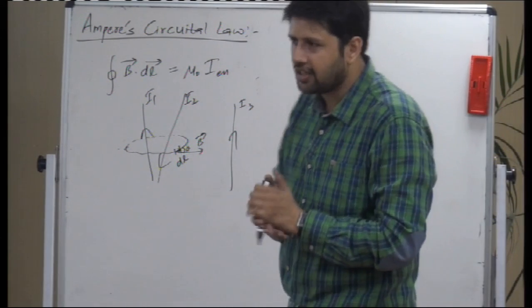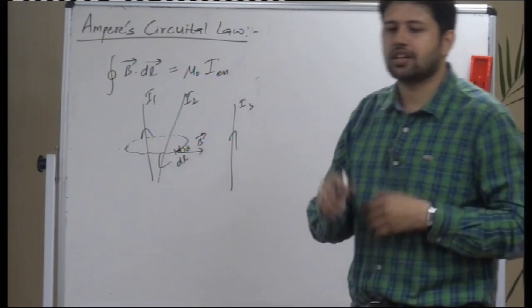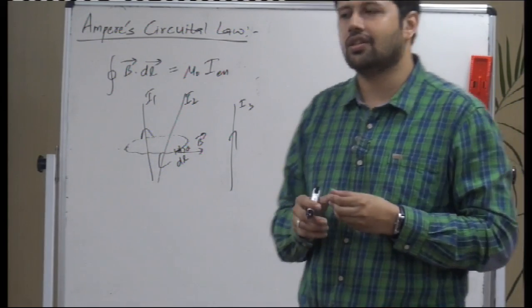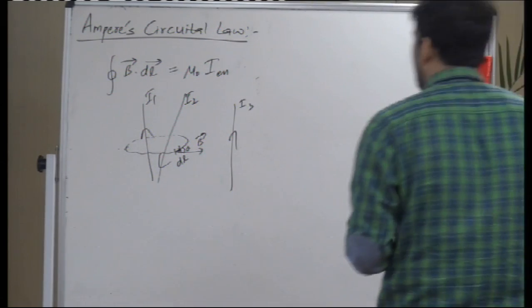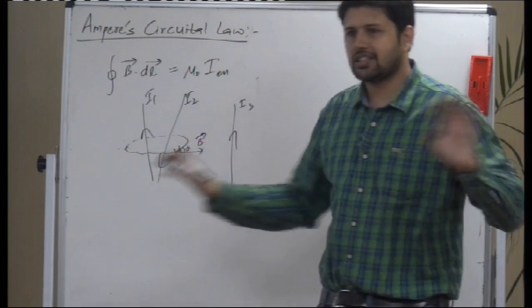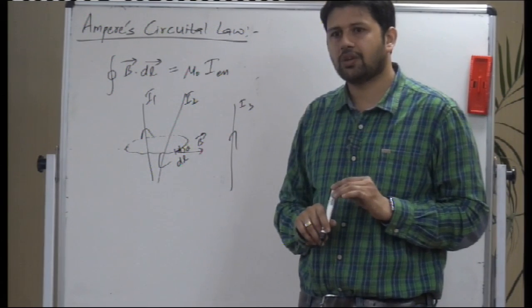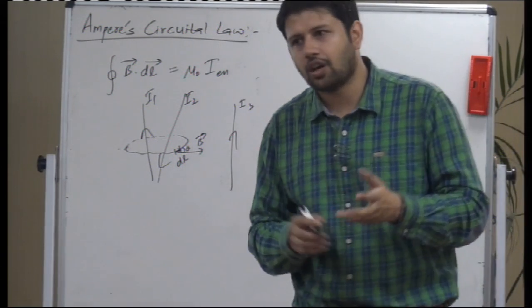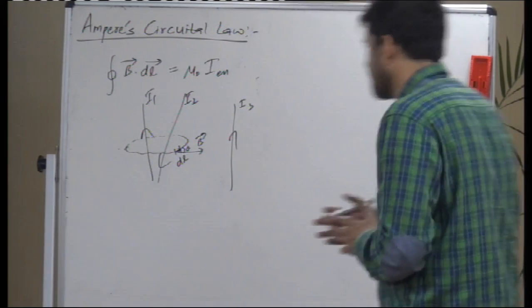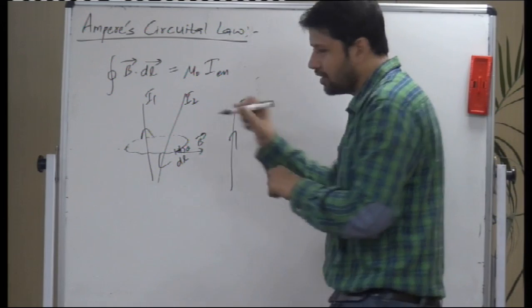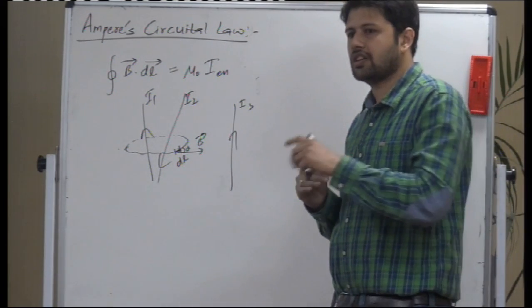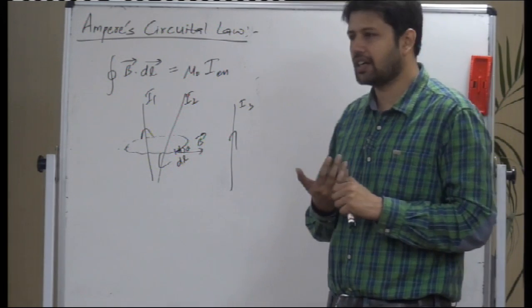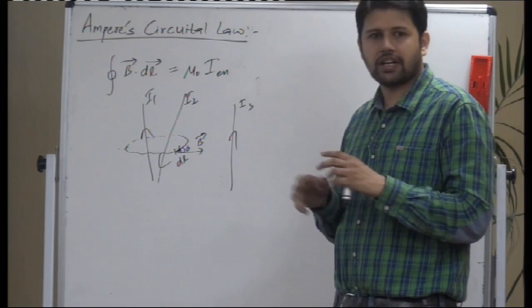In most cases, all the problems have by default taken the positive value, without giving any extra words on how to take the direction. So this is how you take the direction: as you circulate in the loop, you check the direction of the magnetic field, and according to that you take the directions.